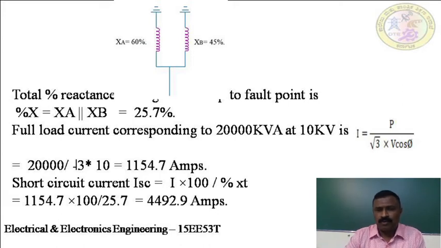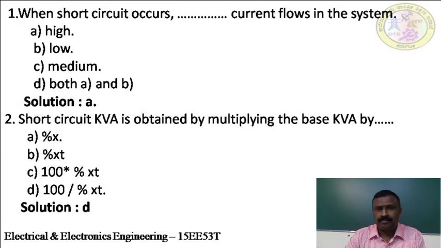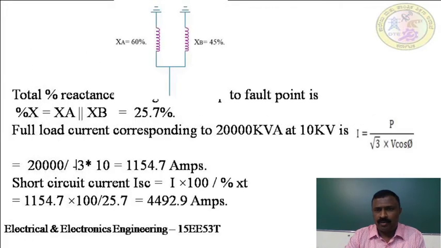This 4492.9 amperes, we call it the short circuit current, or the fault current, and the 1154.7 we call the rated current or the full load current. So these are the two problems for the short circuit calculations. That clearly shows the fault current is always more than the full load current or the rated current.